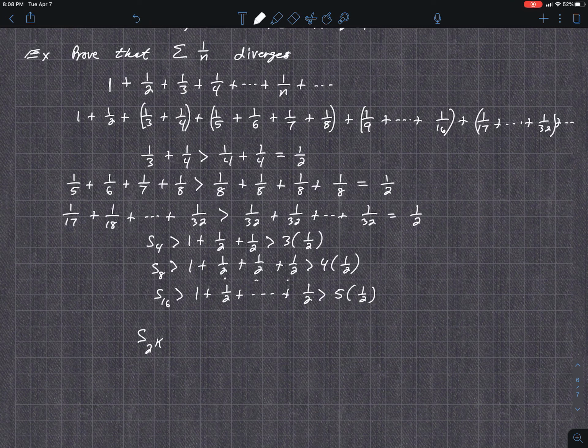So what you can get then is that S sub 2 to the k, right, 4, 8, and 16 is 2 to the k, is greater than k plus 1 times a half. And that's true for every positive integer k.